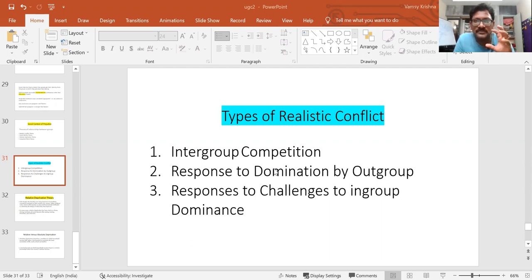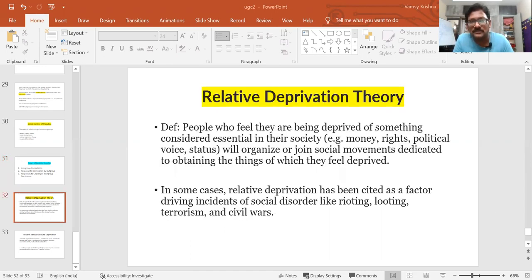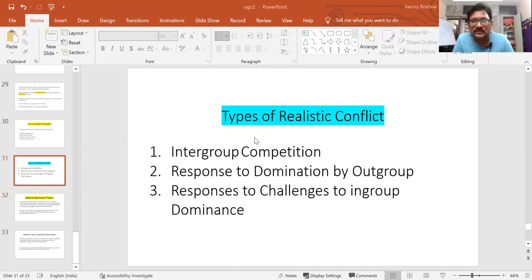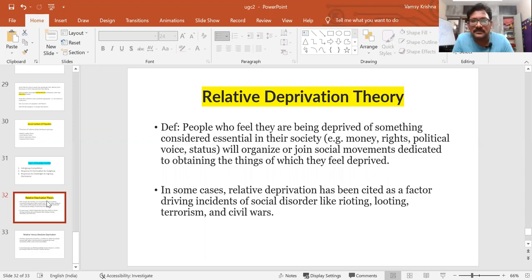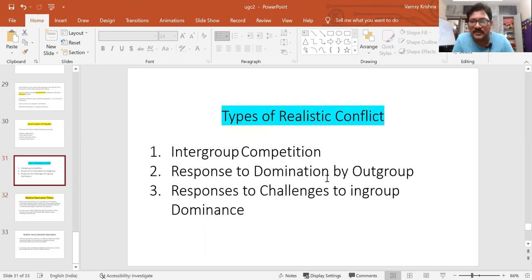So this is something we talk about as stable oppression, which is seen in the types of realistic conflict. So this is about realistic conflict theory, and then we'll be talking about relative deprivation theory in a later part.